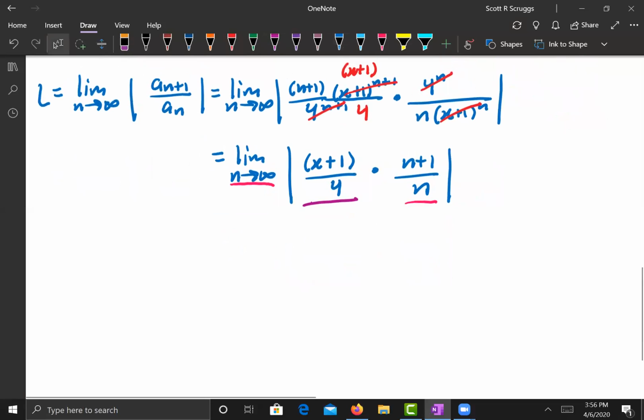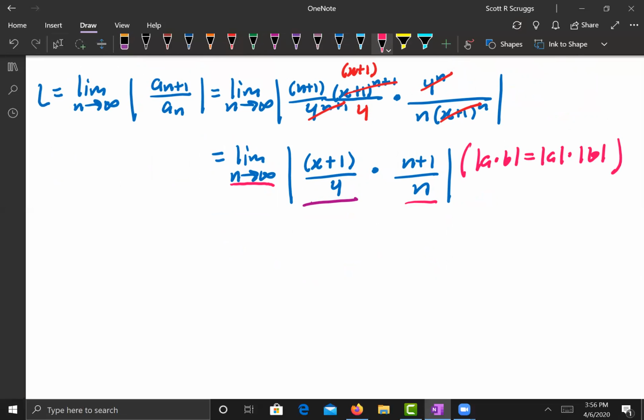Because they're inside the absolute value, I'm going to use my property of absolute values that says a product within the absolute value is the exact same as taking the absolute value of each number and then multiplying them.